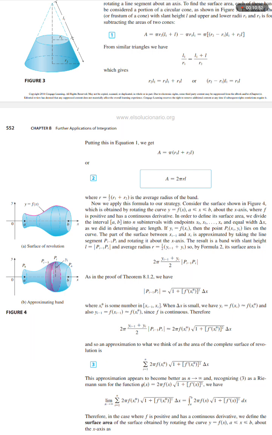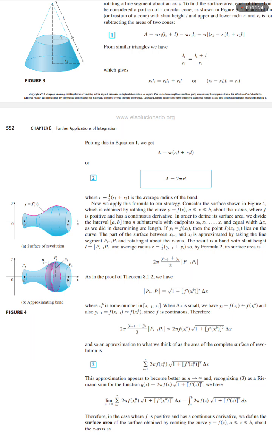We have y sub i equals f of x sub i is approximately equal to f of x star sub i, and also y sub i minus 1 equals f of x sub i minus 1 is approximately equal to f of x star sub i, since f is continuous.